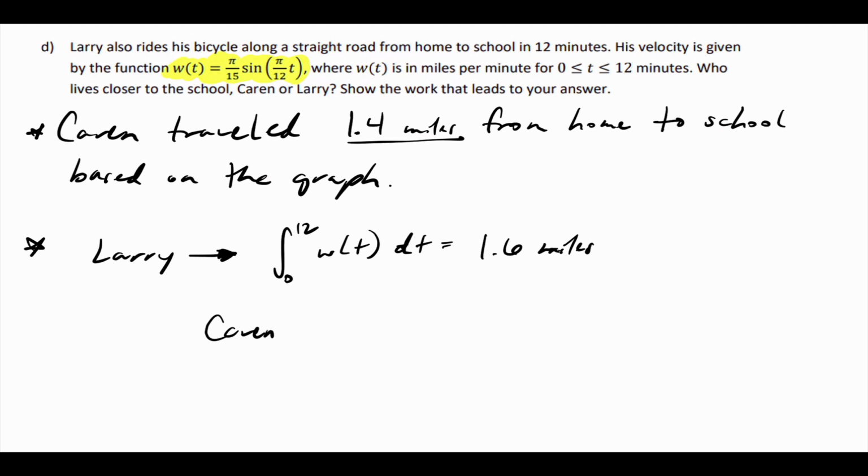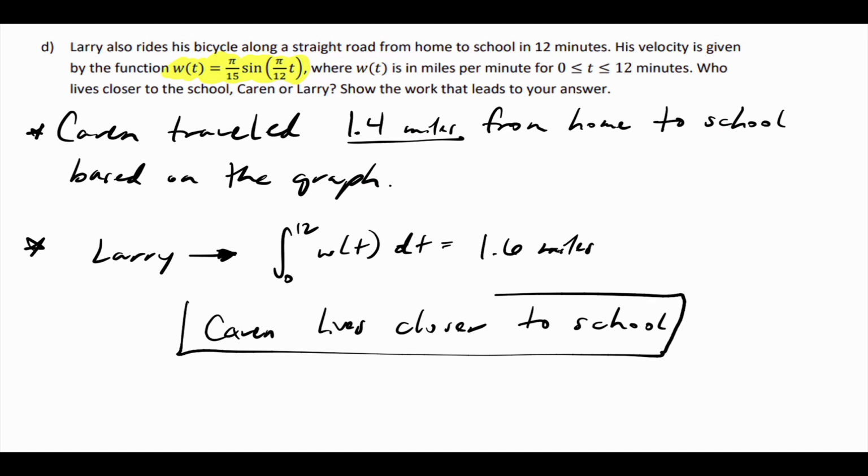So Karen lives closer to school. If one only needs to go 1.4 miles to make it to school and the other needs to go 1.6 miles, Karen lives closer. But they both get to school.